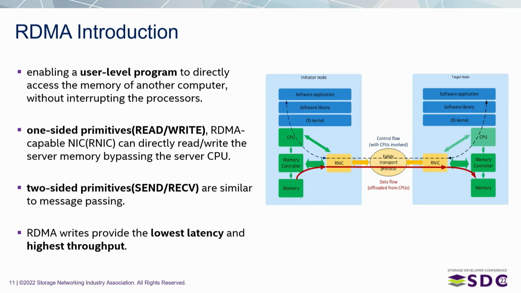So RDMA has two working modes. One is the one-sided primitives. We can use the read-write instructions to do the data read-write. An RDMA-capable NIC can directly read and write the server memory, bypassing the server CPU.